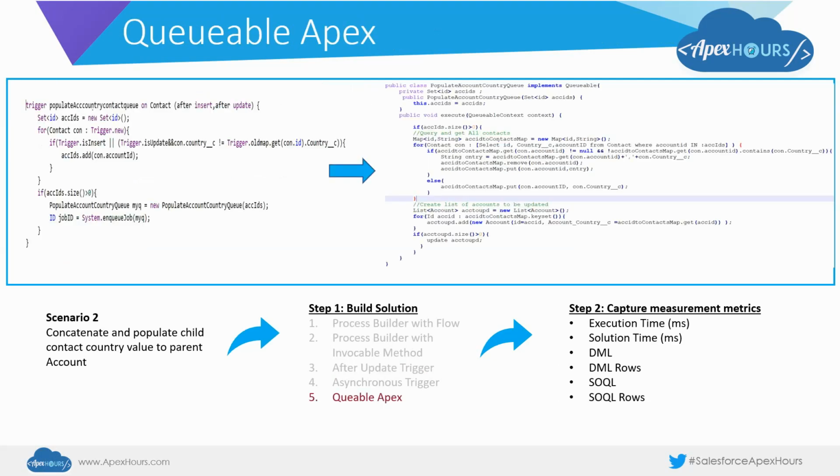Queueable Apex, again here the logic is also the same, but the only difference is that this is a trigger on account, but from the trigger it is calling a queueable method. The advantage is that it's going to get executed asynchronously. That is, your current transaction is not going to get affected by this actual operation of country population on account.